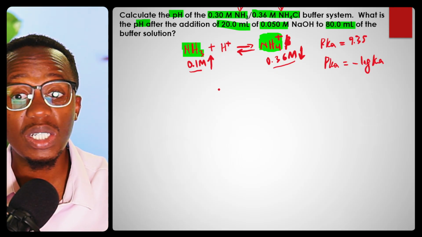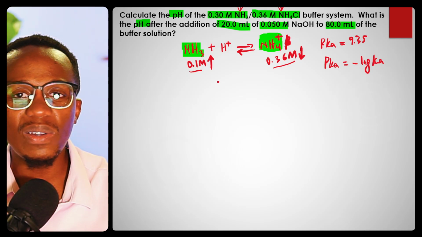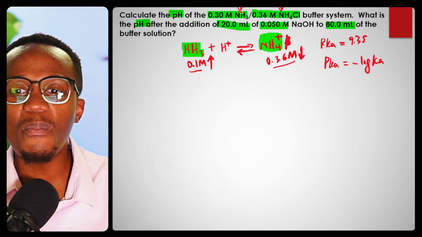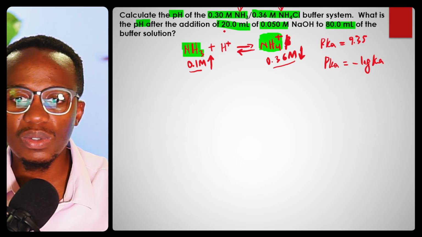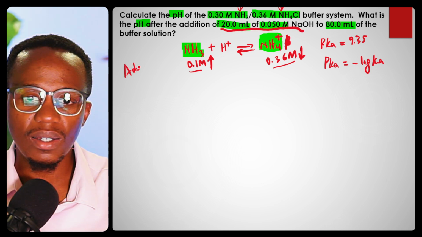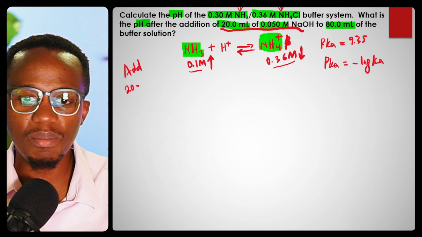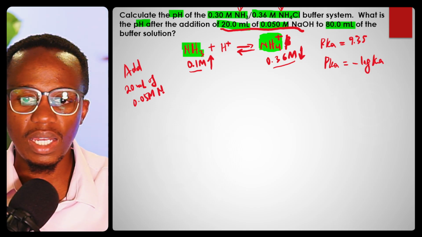By how much? It goes down by the number of moles of what was added. So they added 20 milliliters of 0.05 molar NaOH, right?